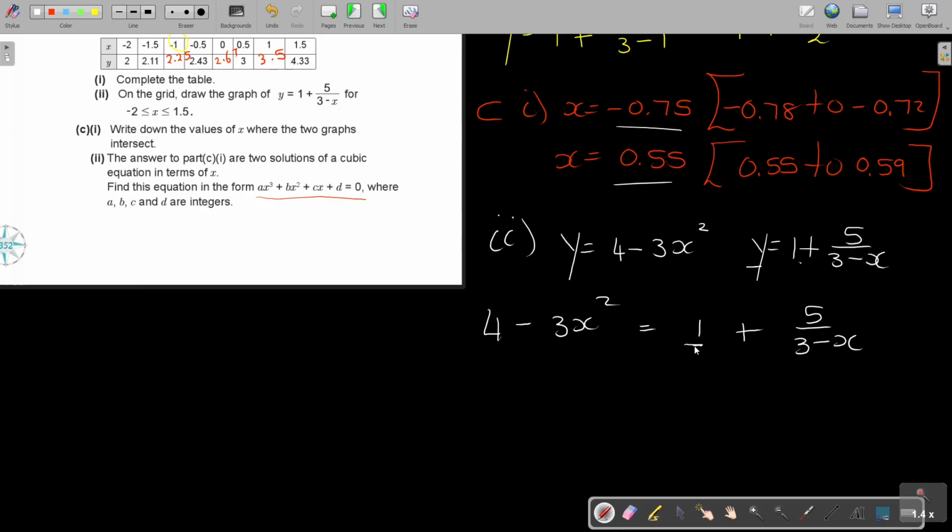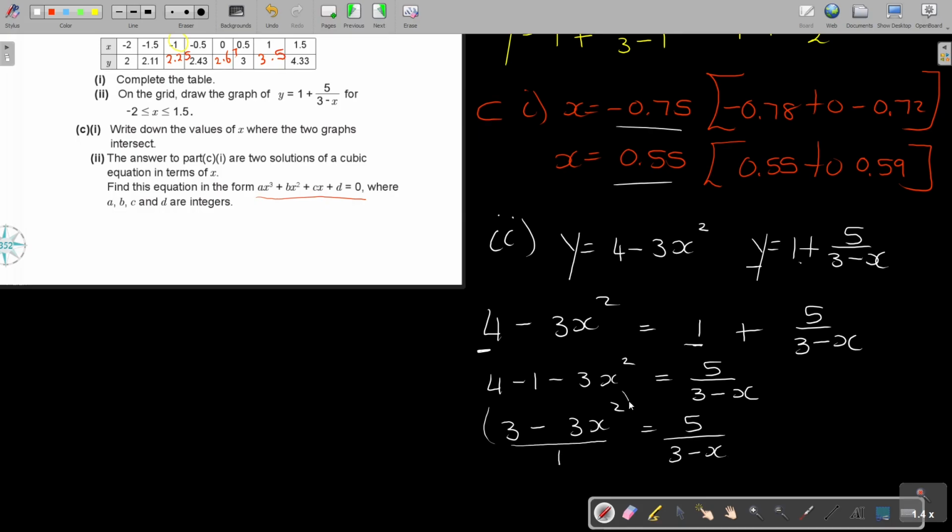If I take the 1 over to the other side, I'm going to have 4 minus 1 minus 3x squared equals 5 over 3 minus x, so 3 minus 3x squared equals 5 over 3 minus x. I could have found the LCM and multiplied all the terms by 3 minus x, but I think this is easier.